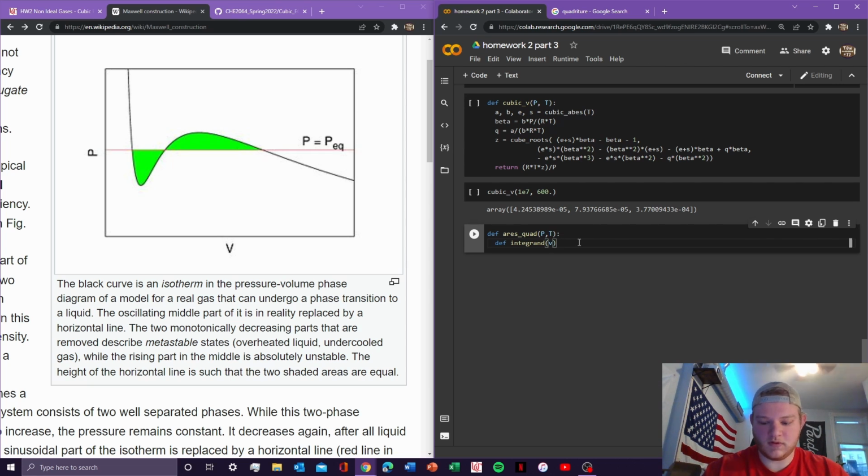Well, actually, we do need to pull in v. So v1, v2, and v3 are equal to cubic v, and that is p.